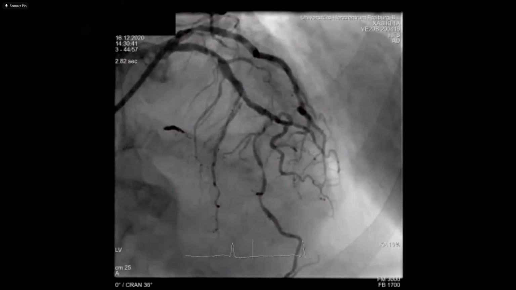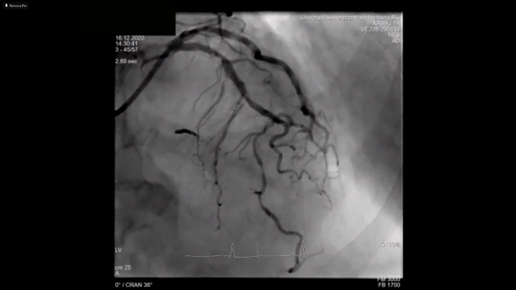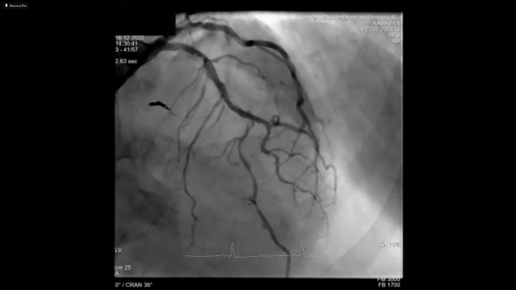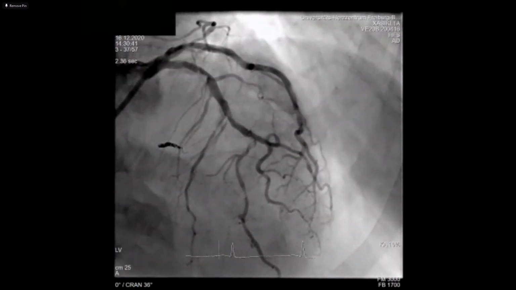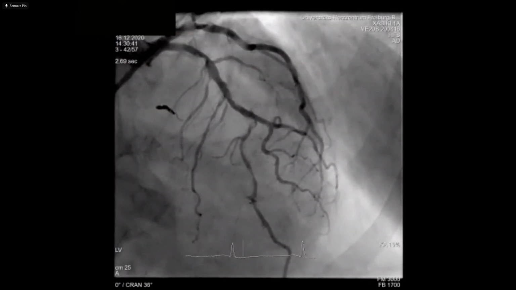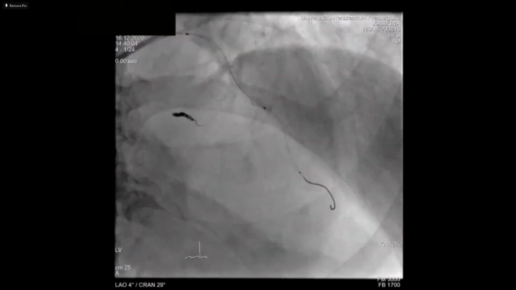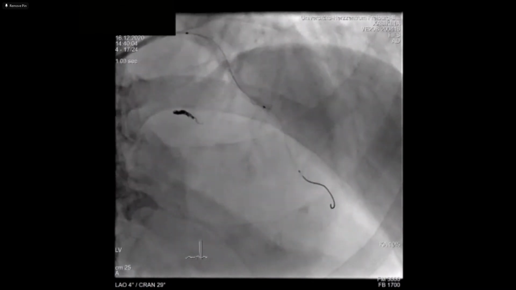And we have an eccentric, as we know from the last attempt, significant proximal LAD stenosis, and there is a stent in the second bifurcation with a second diagonal branch. There is a stent which was implanted a few years back, and the LAD distally was attempted twice, but not successfully. So today our plan is to go with IVL and stenting for the proximal LAD.